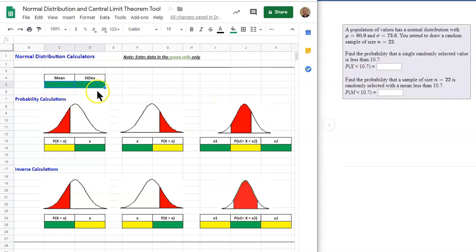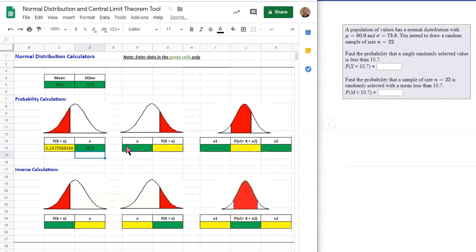We will just enter in the mean of 60.9, the standard deviation of 73.6, and notice that we want to find the probability that it is less than 10.7. That is an area to the left, that's this first tool under the probability calculations. So we'll enter in the green cell 10.7.